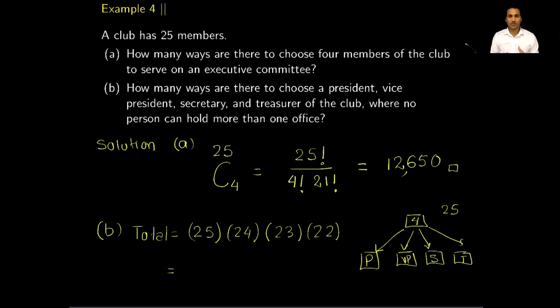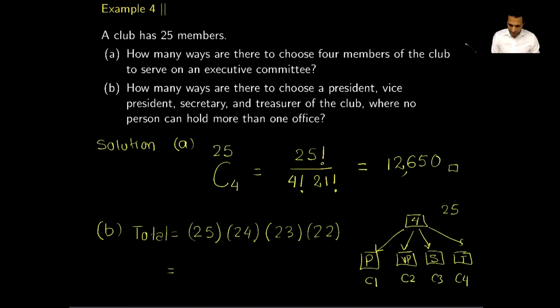For example, if you give names to these 25 members, you can say C1, C2, C3, C4 will be one way to assign these 4 roles to the first 4 members of the club.